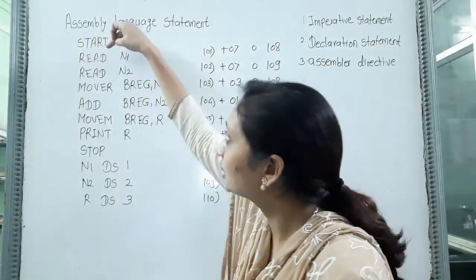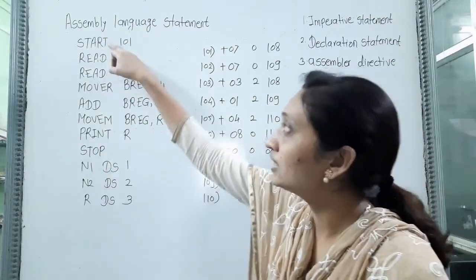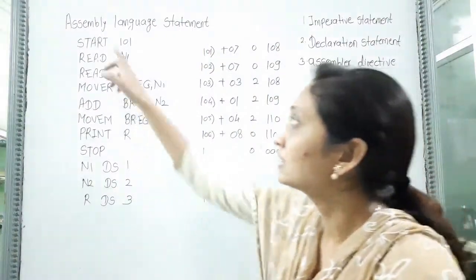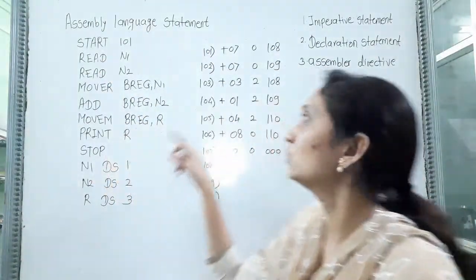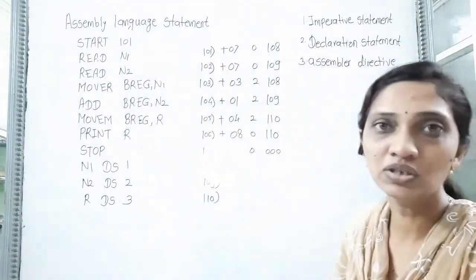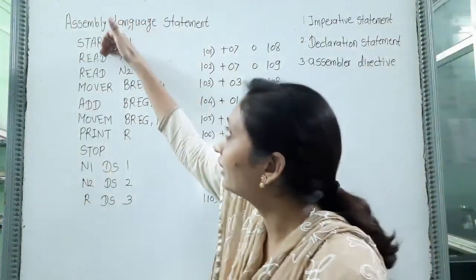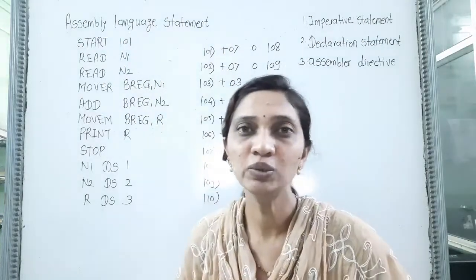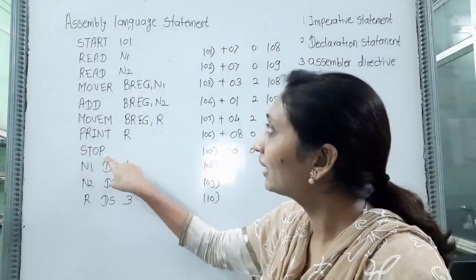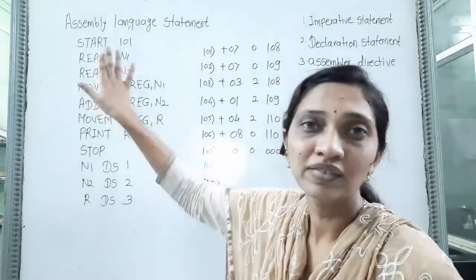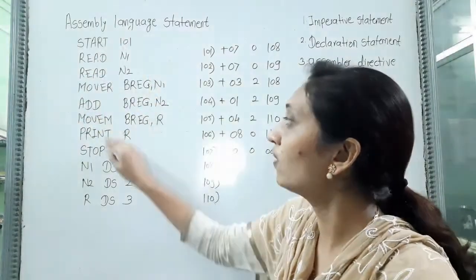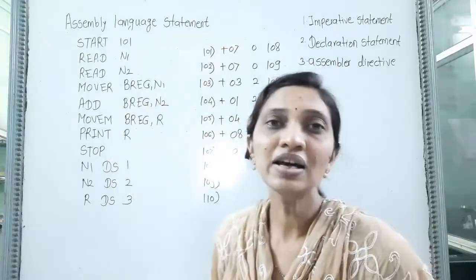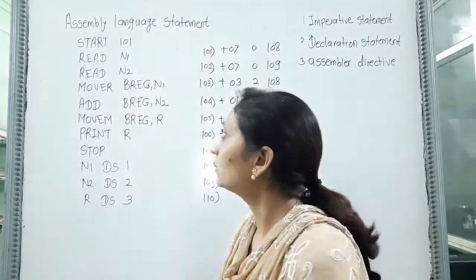START and STOP are assembler directive statements. START indicates the beginning of the assembly language program, and STOP indicates the stopping of execution of the current program.